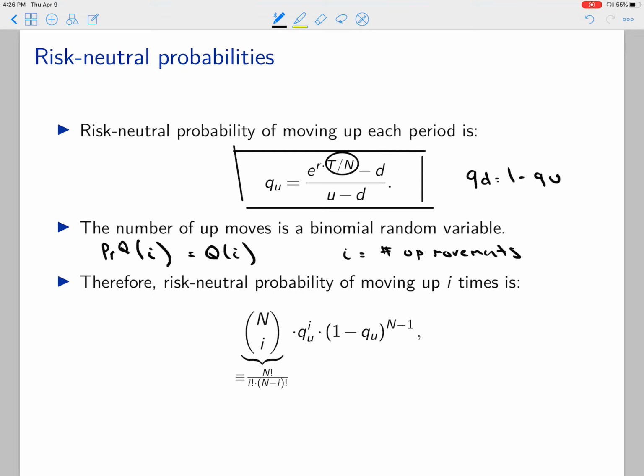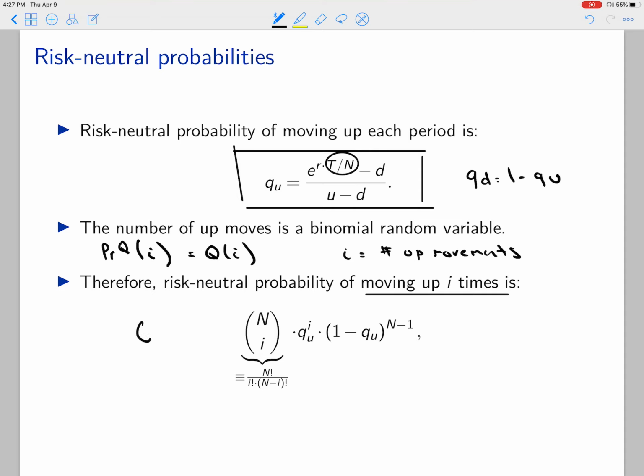I've written down the formula right here. So for example, think of the risk-neutral probability of moving up I times. This is the probability that a binomial random variable, with a probability of a single success equal to QU, moves up I times out of n trials.